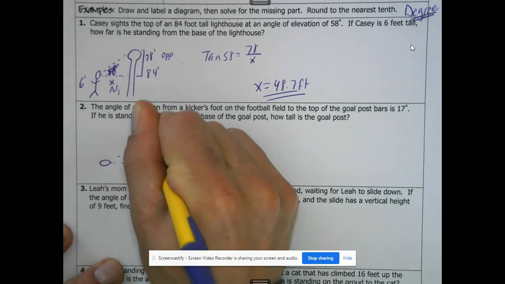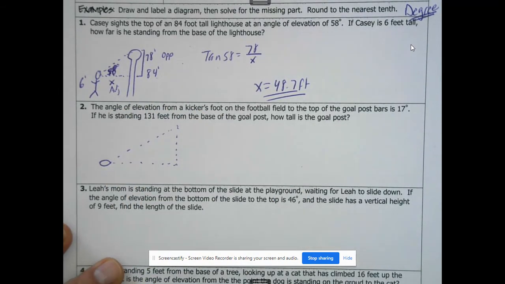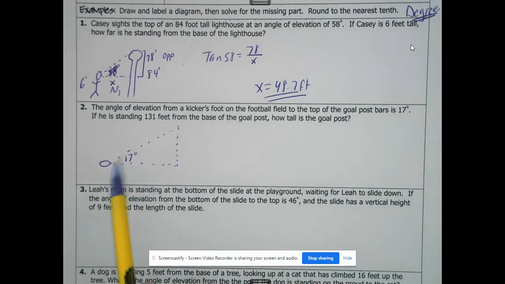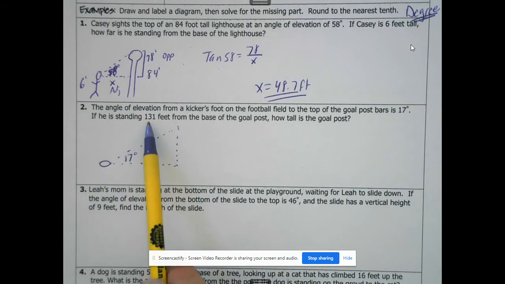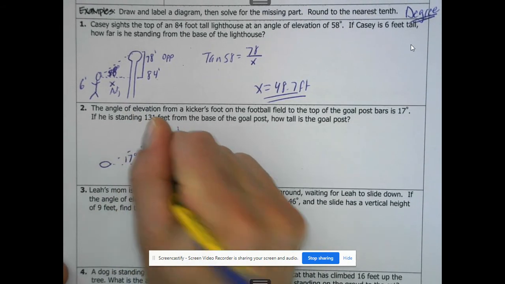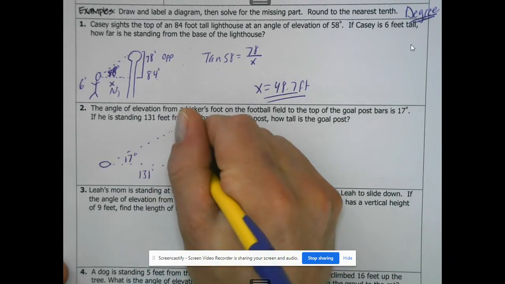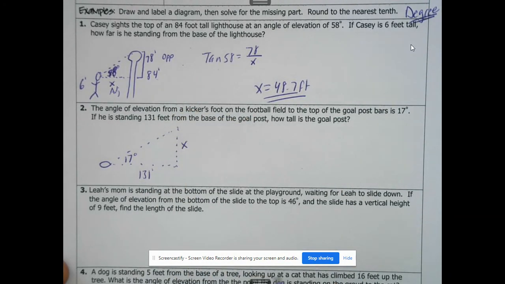And we'll draw our stuff. Angle, 17 degrees. If he is standing 131 feet from the base of the goalpost, so bottom, 131 feet. How tall is the goalpost? We don't know. Call it X. Okay, there's your 90.